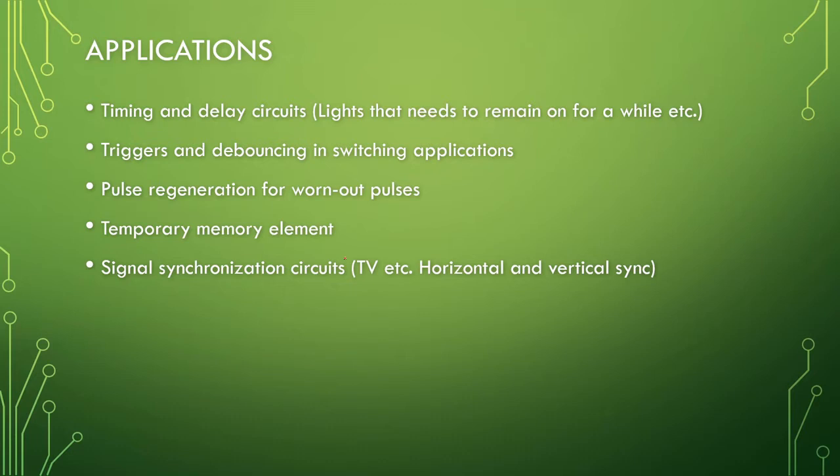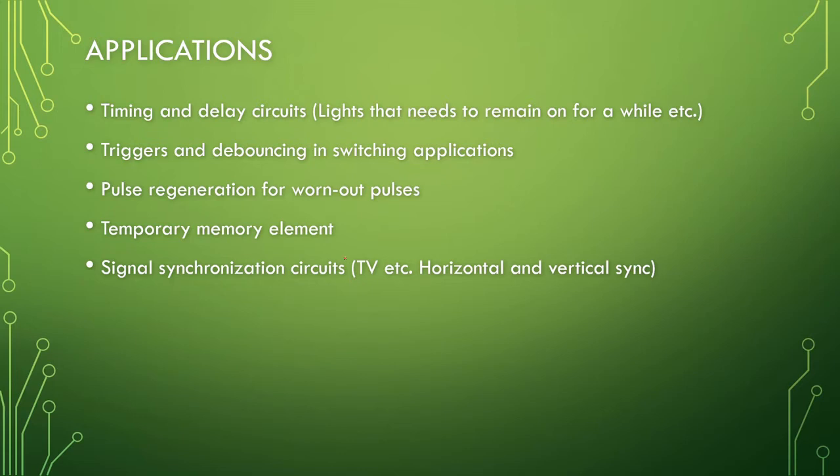It can be used for pulse regeneration or for worn out pulses, meaning if you send a pulse over a long distance and it goes through a bunch of repeaters, the signal can degrade. So instead of just putting the pulse through a Schmitt trigger or something, you can extend the output or the signal to its original state.